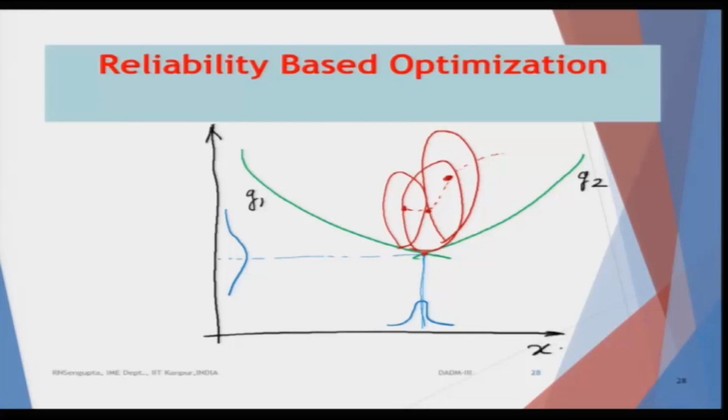Okay, I did not mark this. This is x1, this is x2. This would be alpha 1, for alpha 1, this one would be for alpha 2, and this one is for alpha 3.